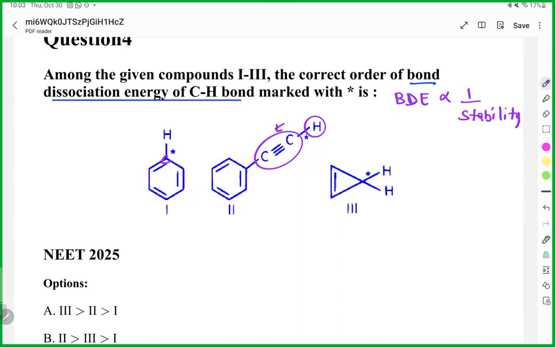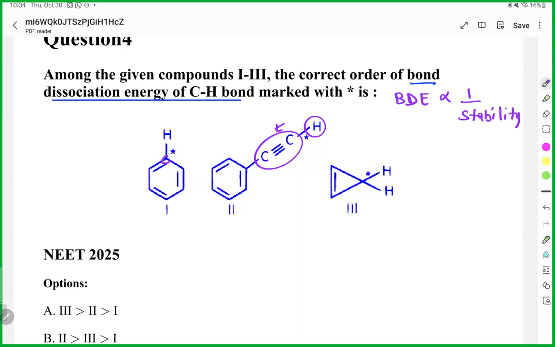Yes or no? Yes. Bond dissociation energy in the second case is more because the bond is strong. If the bond is strong, then it requires more energy. Correct? And in case of the third, you have to see कि this is highly stable. This bond is stable and that's why bond dissociation energy will reduce.